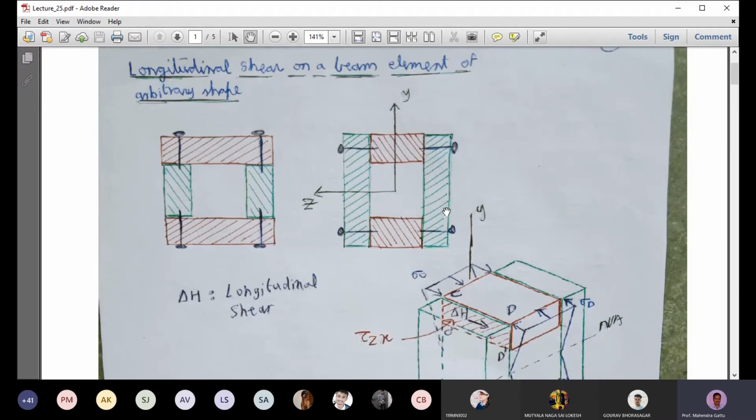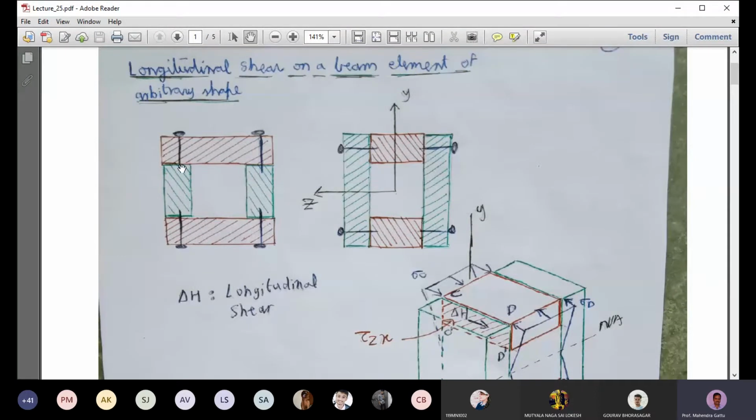Vertical shear means the shear is in the same direction as the applied vertical force. Here we'll discuss horizontal shear. If you see this wooden plank, which are connected by these nails, we can find the shear stress at the junction of this top plank and the vertical plank.